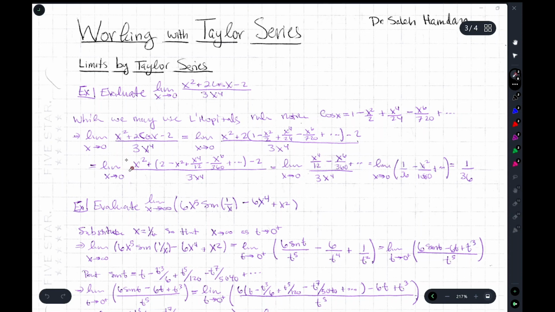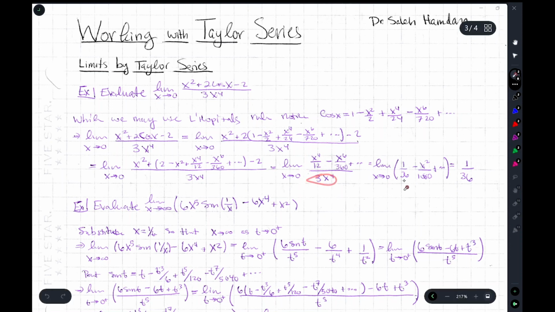So let's do that. We have this limit. Instead of cosine x, we're going to plug its Maclaurin series in there, and we'll distribute that 2. We end up with this term here, and when we cancel, say, the x squared with that, the 2 with this, we end up with these first dominating terms plus some additional terms.